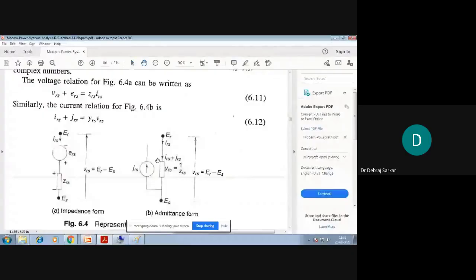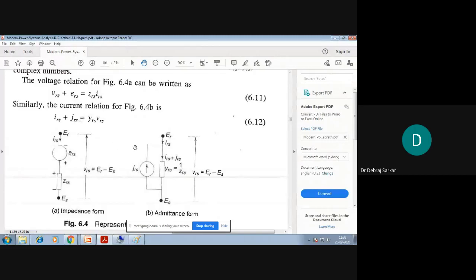There is a line between these two points, which is a printing mistake. The summation of J and I is nothing but the product of the admittance and the voltage. These two equations are the same.